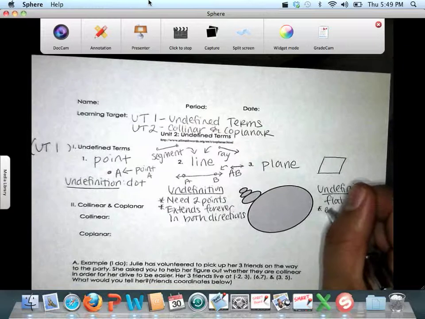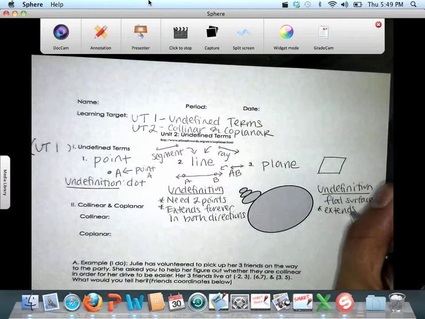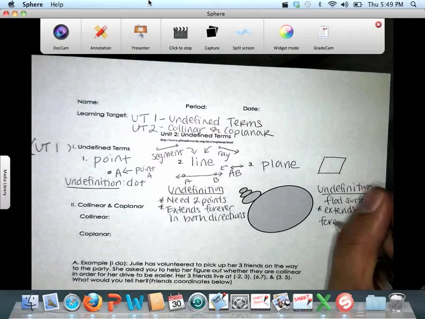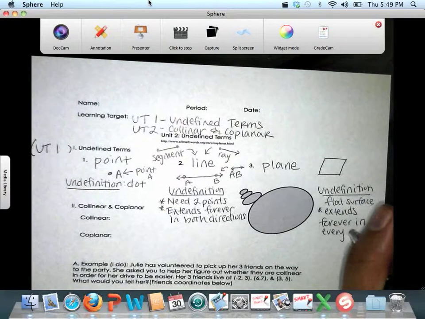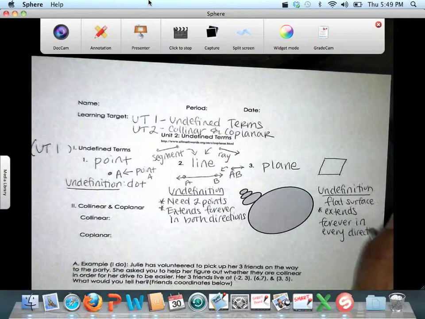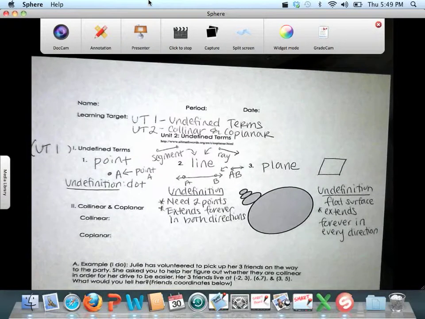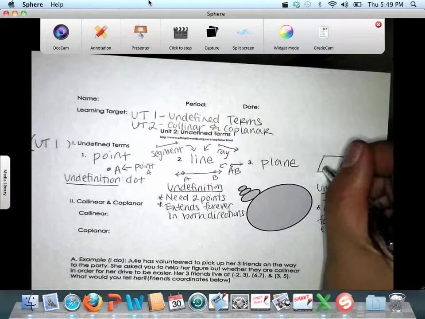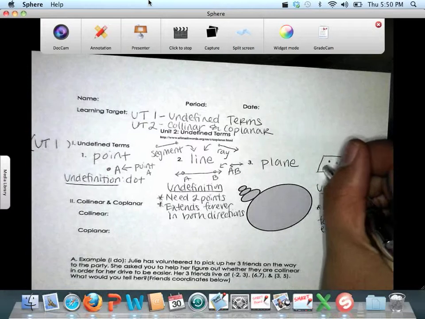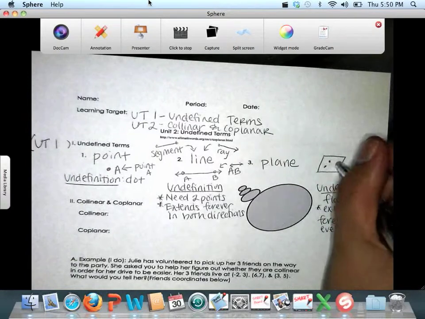So it extends forever in every direction. And we usually draw it like this, like a piece of paper, right? Because it's just a flat surface. However, you only need 3 points to be a plane.